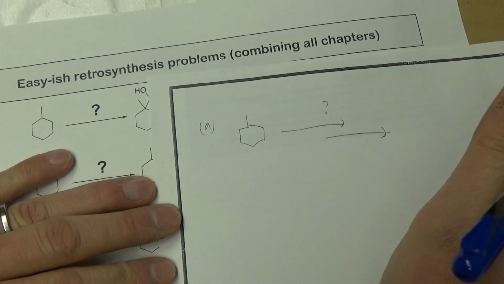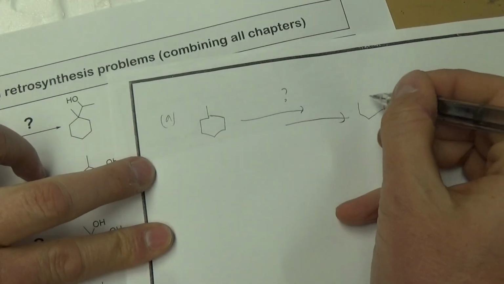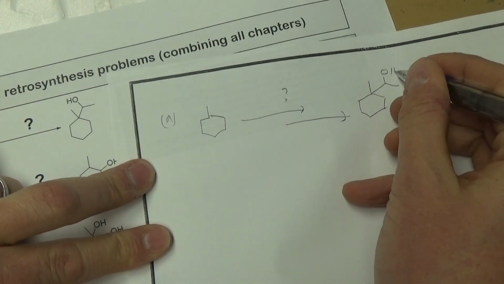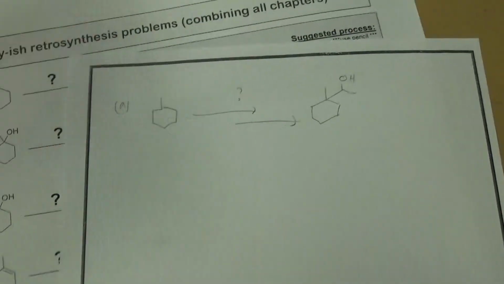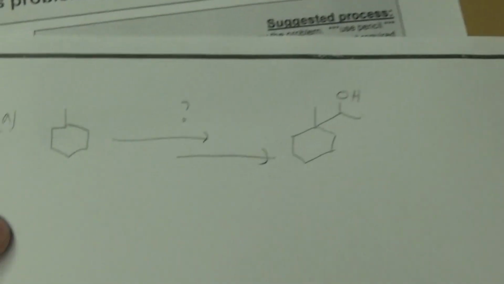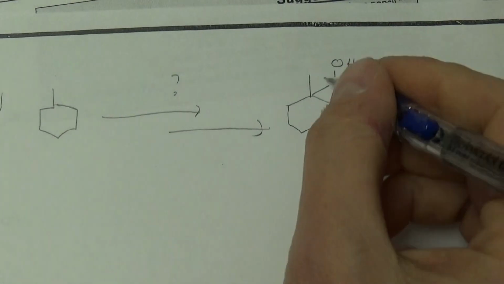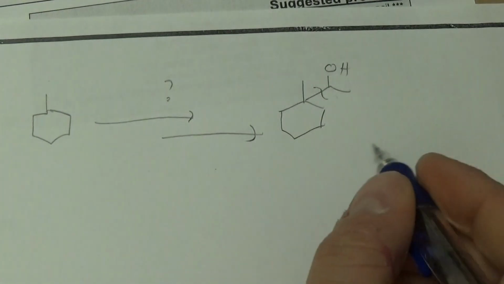So we're proposing a synthesis, and we're making that secondary alcohol. Okay, so how do we do this synthesis? You see a squiggly line? Yeah, here's a squiggly line. So we're obviously attaching that 2-carbon fragment.